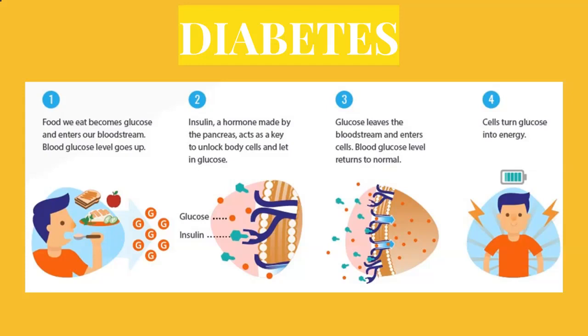So if we have diabetes, it's important to go to the doctor regularly, to take our medications, and to live a healthy lifestyle in order to keep our blood sugars under good control.